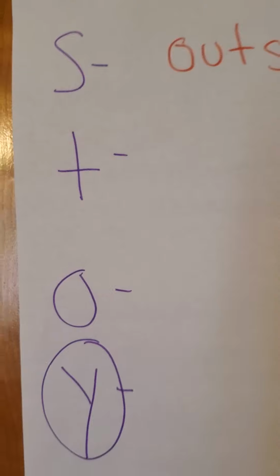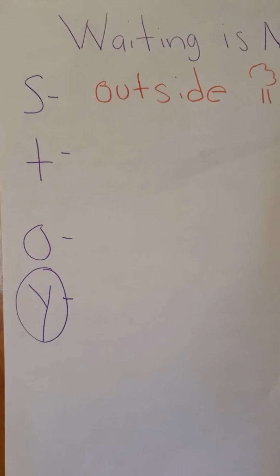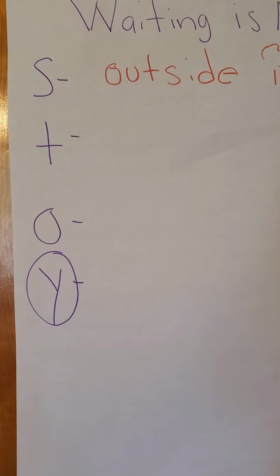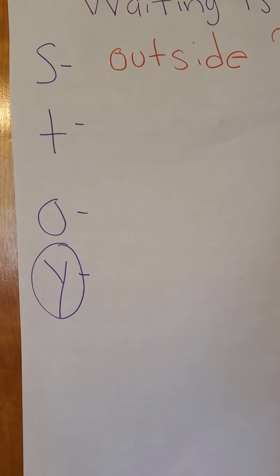And these are my trees. And now I need to fill in the T, the talking characters. Well, I know there were two characters. There was the elephant, and there was the pig.